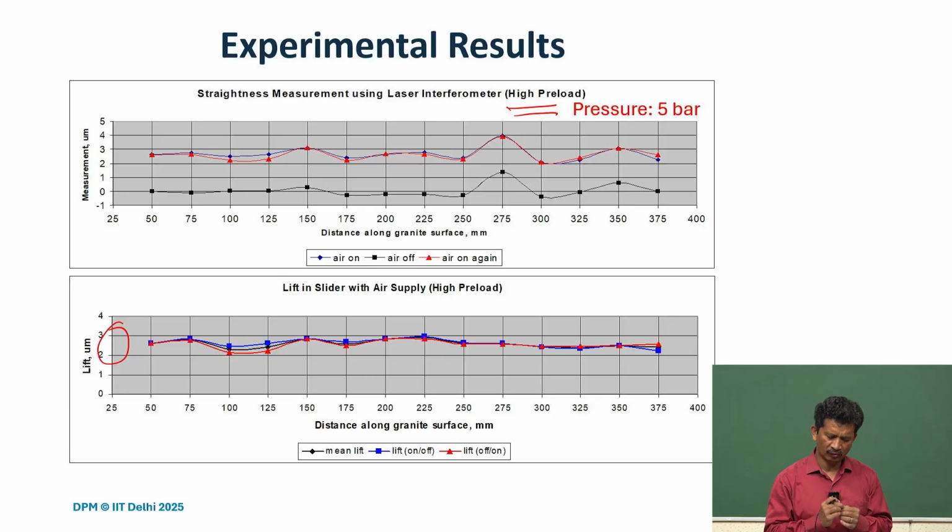So of course, the preloading is very good for repeatability, but the air gap is now of the order of 2 to 3 microns. And if that is the gap we are talking about, then what is the flatness requirement of any surface? Can we get it? Because things can easily get stuck.